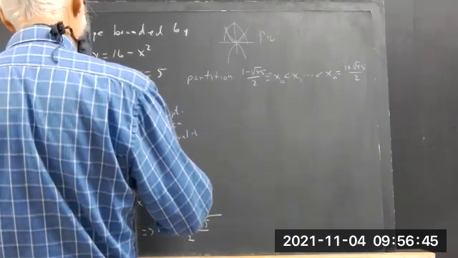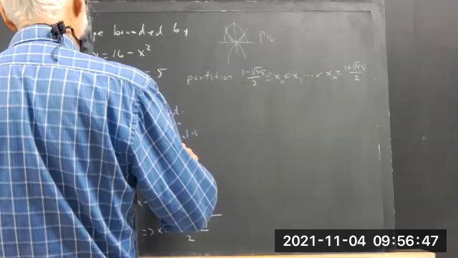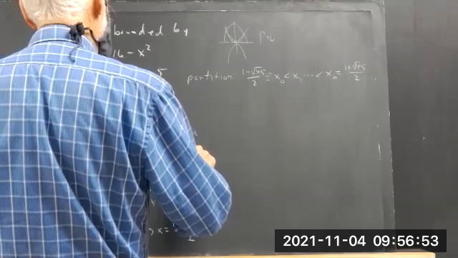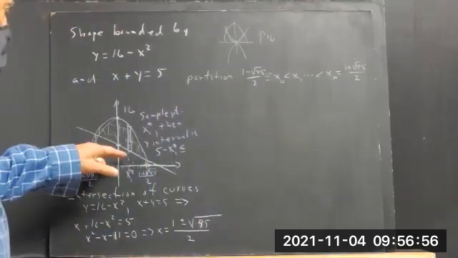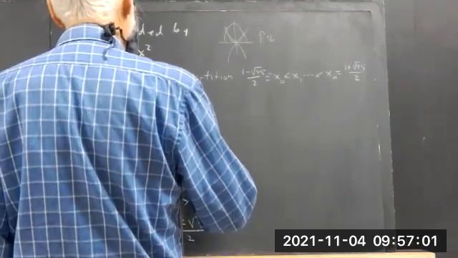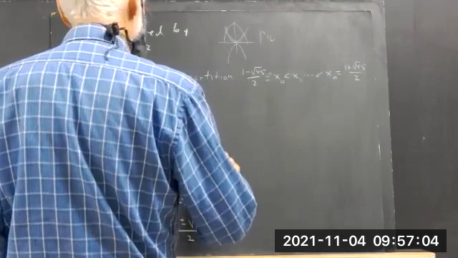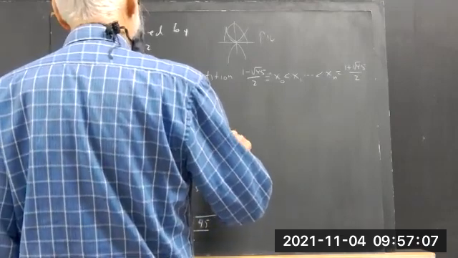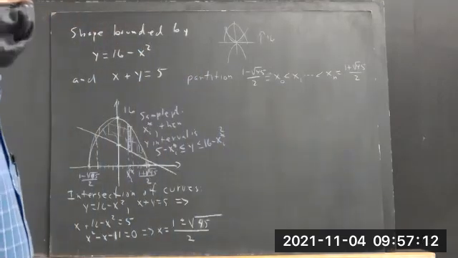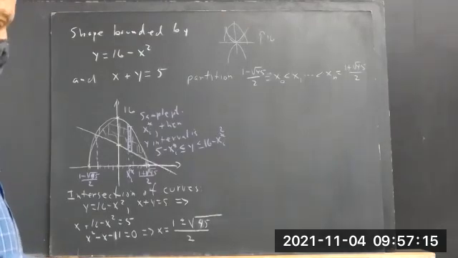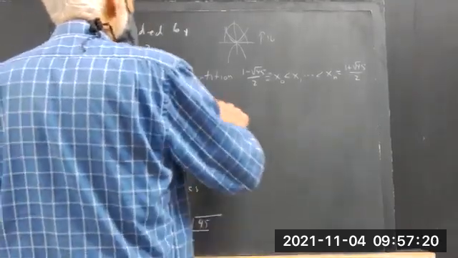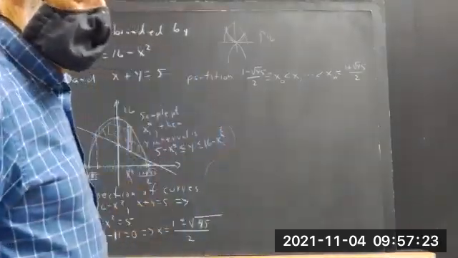So it's 5 minus xi star less than or equal to y less than or equal to 16 minus xi star squared. Okay. Hopefully this is starting to sink in, not trivial.